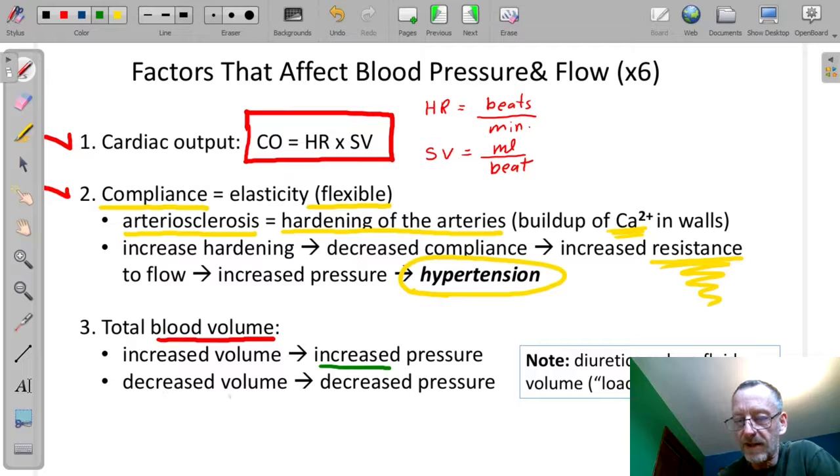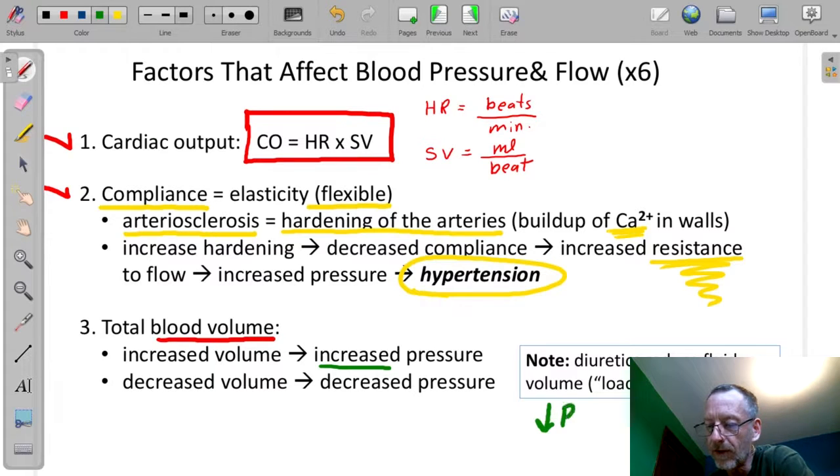Likewise, if you have a decrease in volume, you have a decrease in pressure. Diuretics work to reduce blood pressure by reducing blood volume, fluid volume, or the fluid load. So there, the idea is if you decrease blood volume, that leads to a decrease in blood pressure.